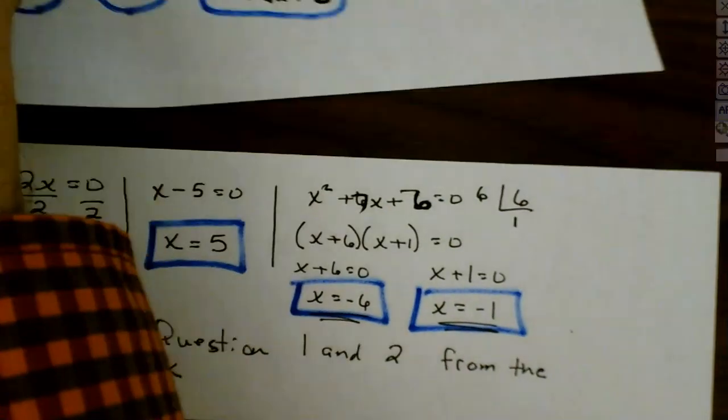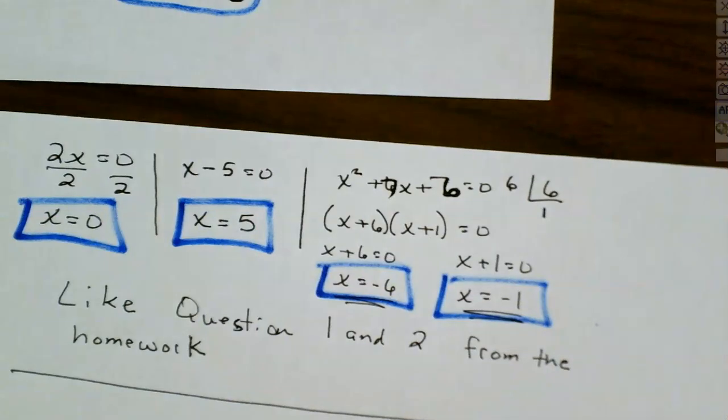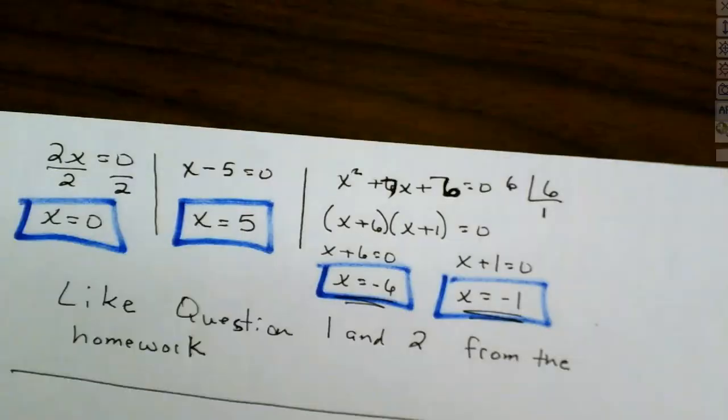Now we're going to come to the questions that take more time to solve. And now we're going to be solving rational equations. And when we go to solve rational equations, we've got to make sure that we follow this step-by-step procedure. So that's the next thing we're going to look at, rational equations.